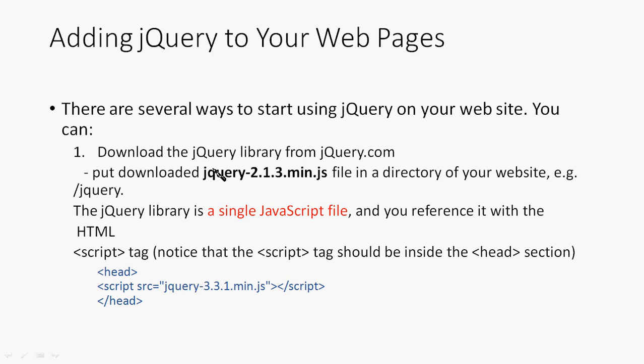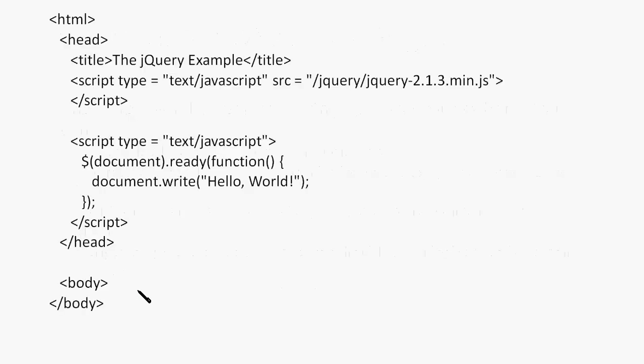That is, you download jQuery from the jQuery website and put src equal to this in your JavaScript code. The script tag is what we use for writing JavaScript code. Inside the script tag, you mention the jQuery library folder name and the .js file. This is one way.